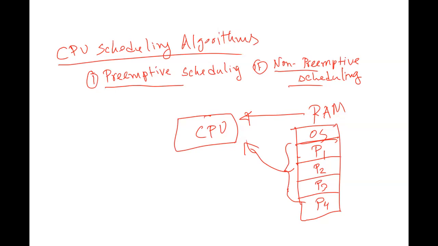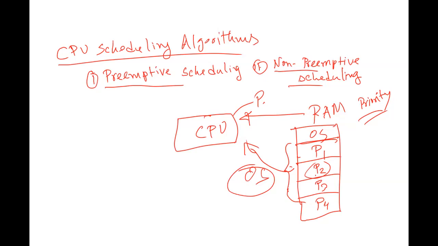Don't forget about the priority. When a higher priority process comes into the RAM, the CPU will preempt it, forcefully stop the current execution process, and your OS makes a schedule for the higher priority process.